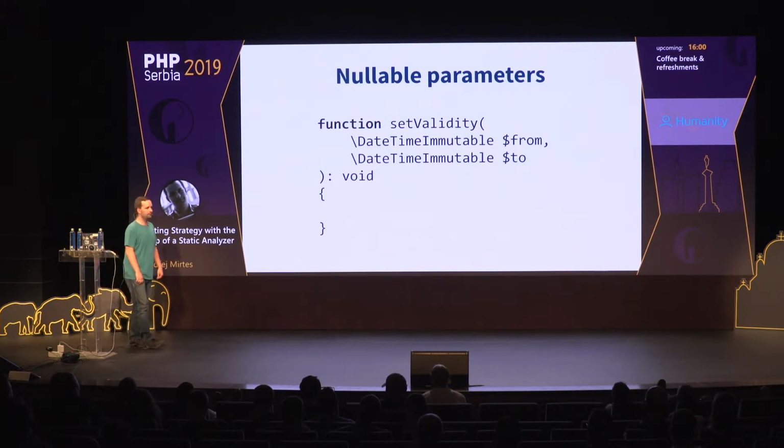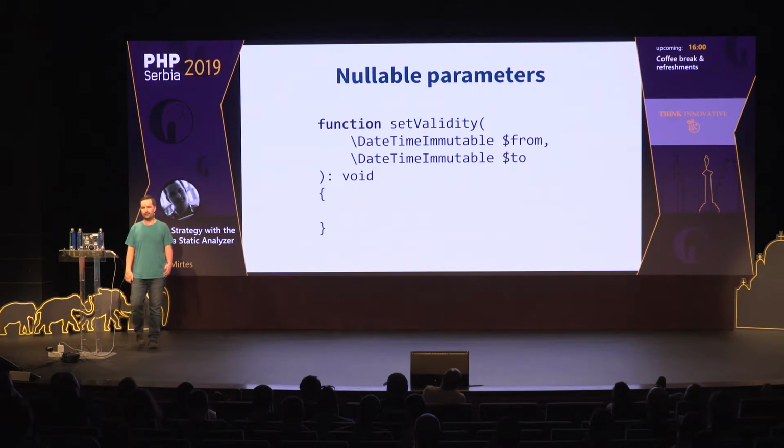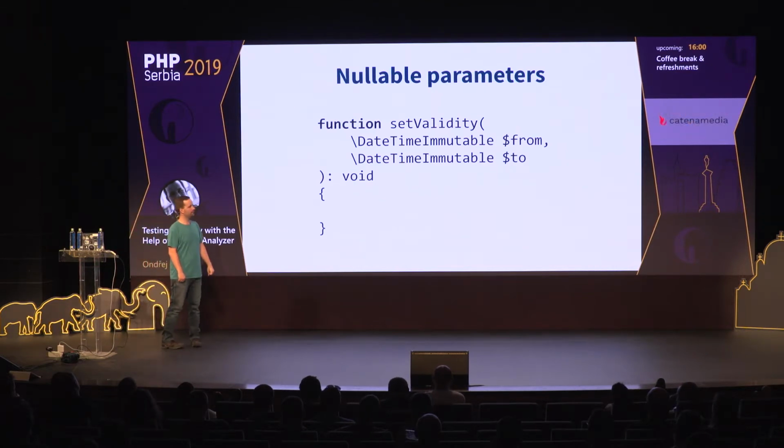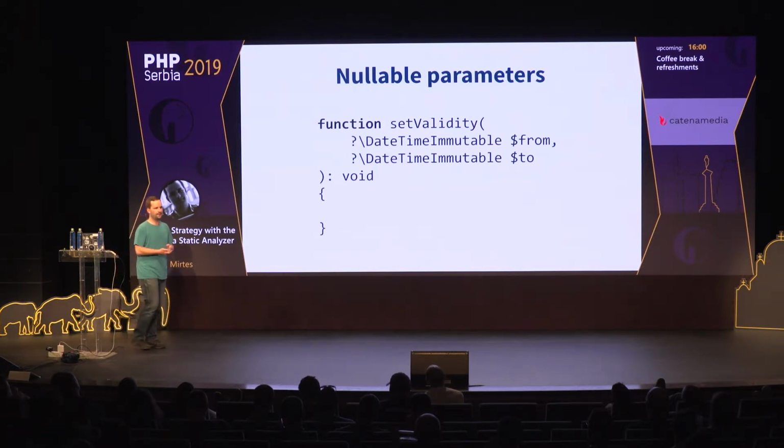Another situation that you can stumble upon is when you have some kind of method with proper type hints like this one, and a new requirement comes that you should actually allow erasing these values.